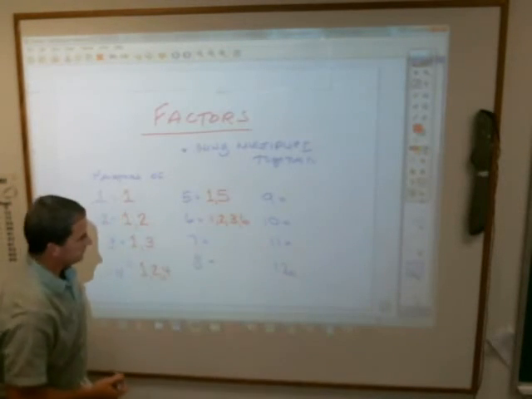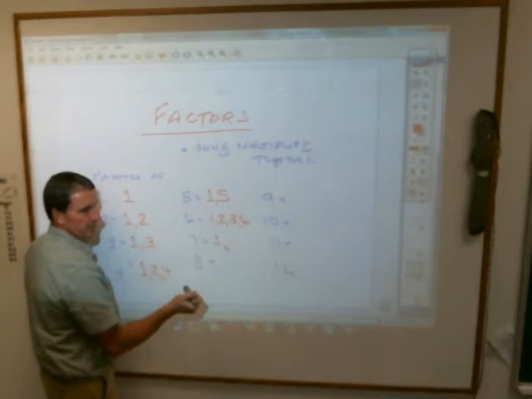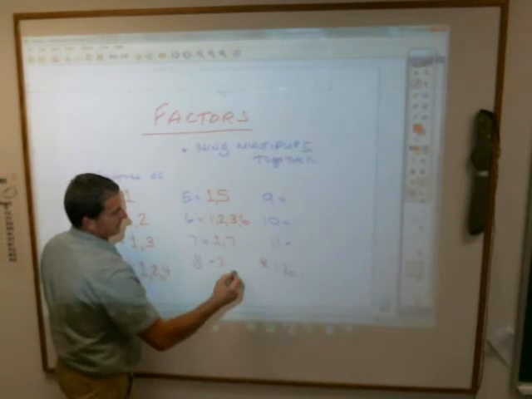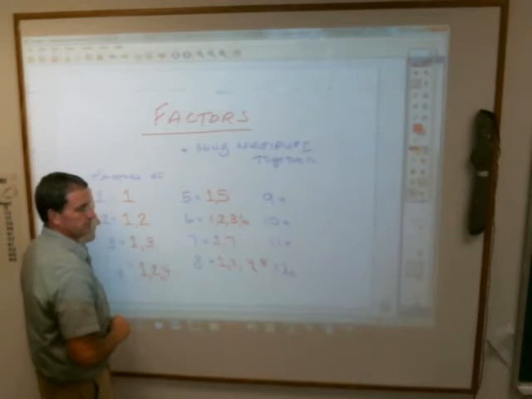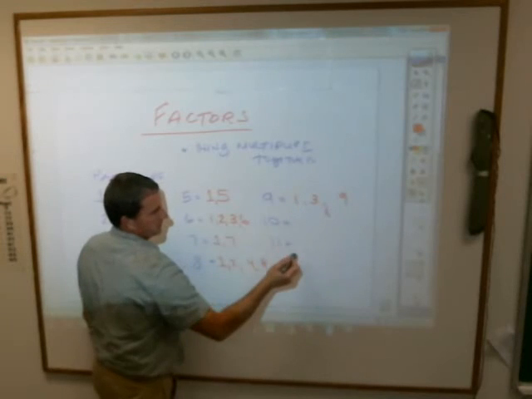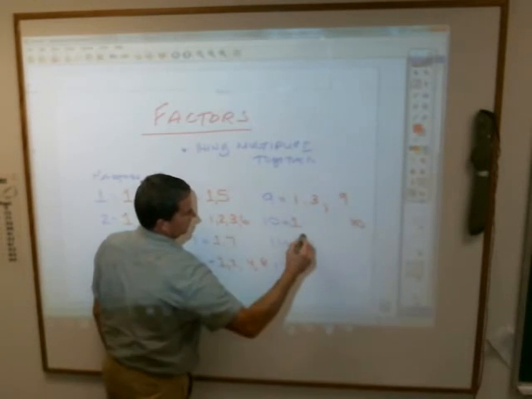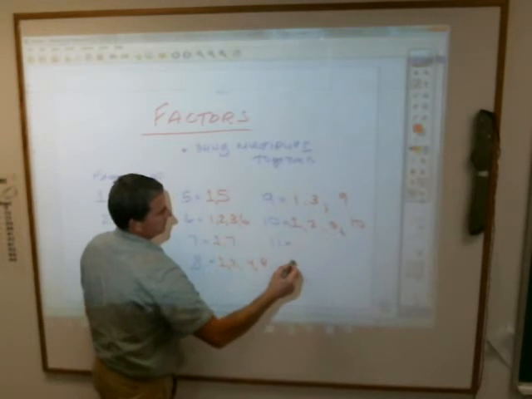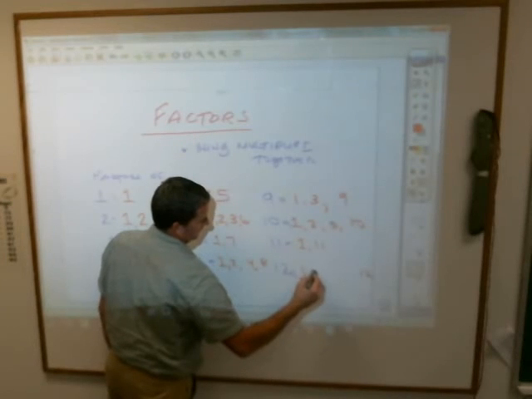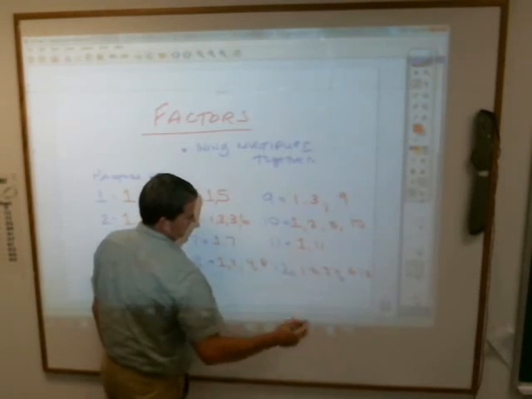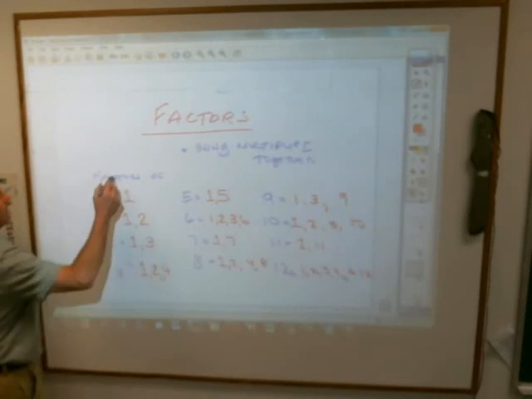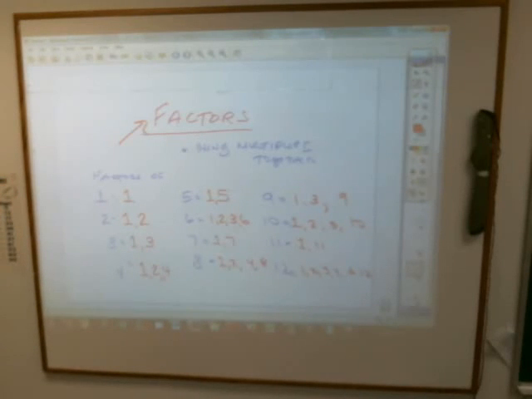So going back to this here, 7, only one way to arrange that rectangle, and that's a 1 by 7. 8, you could have a 1 by 8 and a 2 by 4. 9, 1 by 9 or a 3 by 3. 10 is a 1 by 10 or a 2 by 5. 11 is 1 and 11, and 12 is a 1 by 12, a 2 by 6, a 3 by 4.